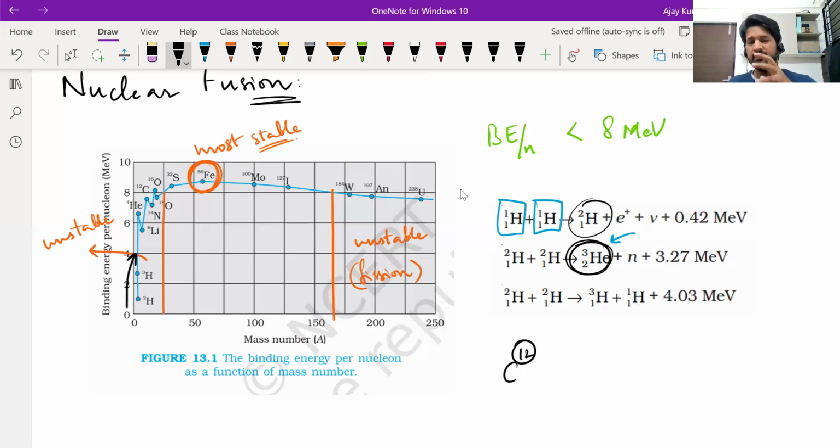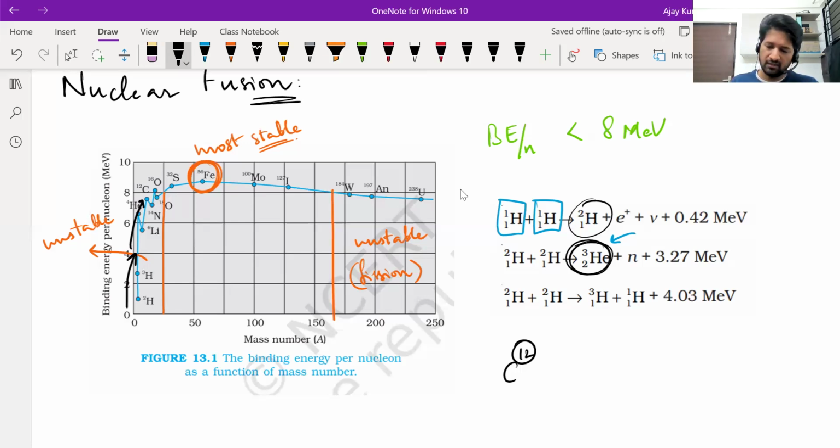Again, if helium nuclei fuse to become carbon, C12, the mass number increases and the binding energy per nucleon increases further, but it still does not reach 8. So C12 is also unstable, almost stable but slightly unstable.